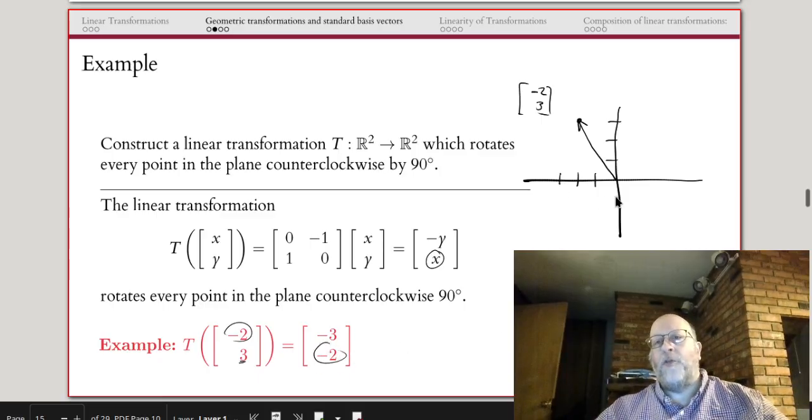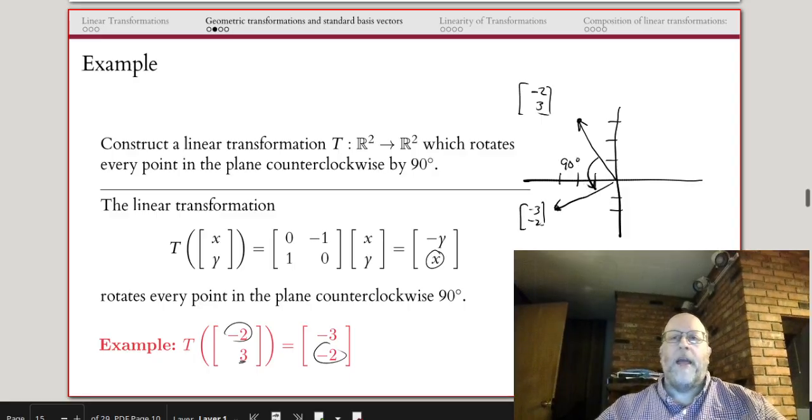Well, negative 3, negative 2 is this vector down here, and that's the same vector that you would get if you took this vector and rotated it 90 degrees counterclockwise.